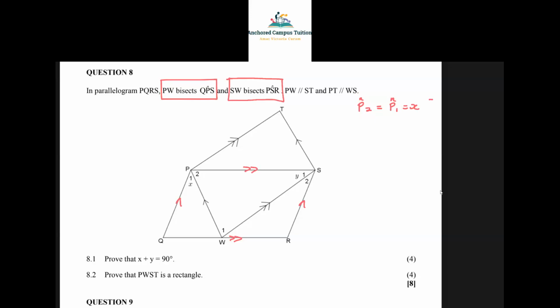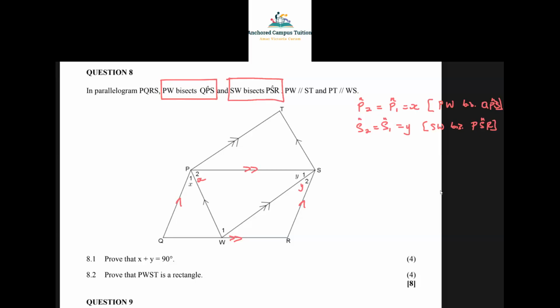It's given that PW bisects QPS. I'm going to put x there. Also, S2 equal to S1, both equal to y. It's given that SW bisects PSR. I'm going to put a y there.